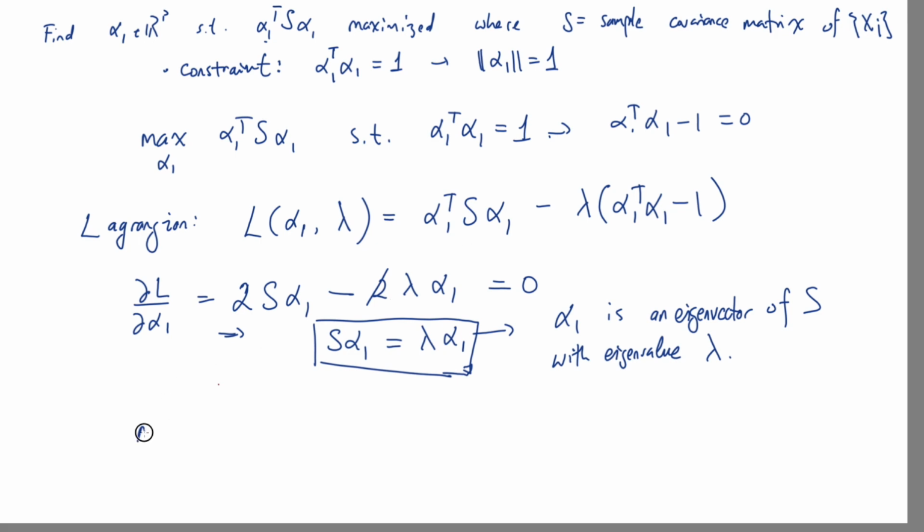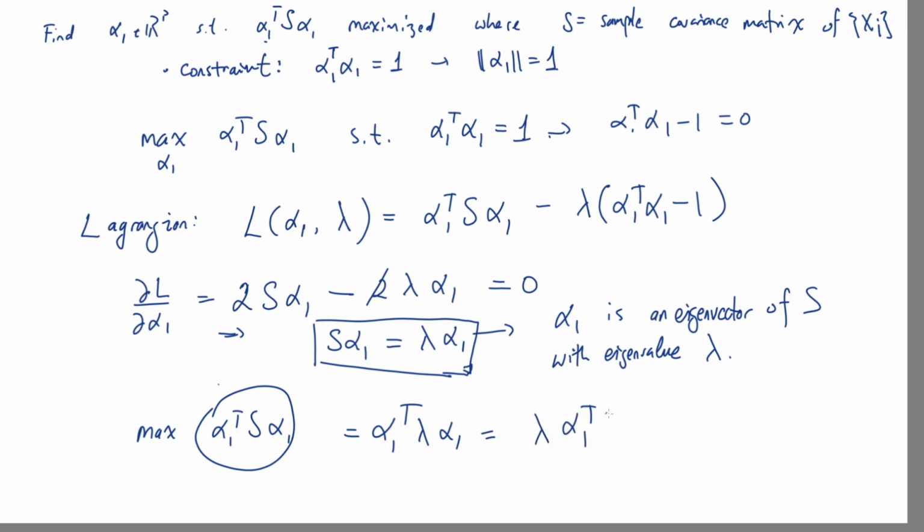Well, since we want to maximize the variance, what is this quantity here? Alpha 1 transpose S alpha 1 is equal to alpha 1 transpose times S alpha 1, and we can use the result here to write it as lambda alpha 1. So this is equal to lambda alpha 1 transpose alpha 1. Lambda is just a number, you can just take it outside.